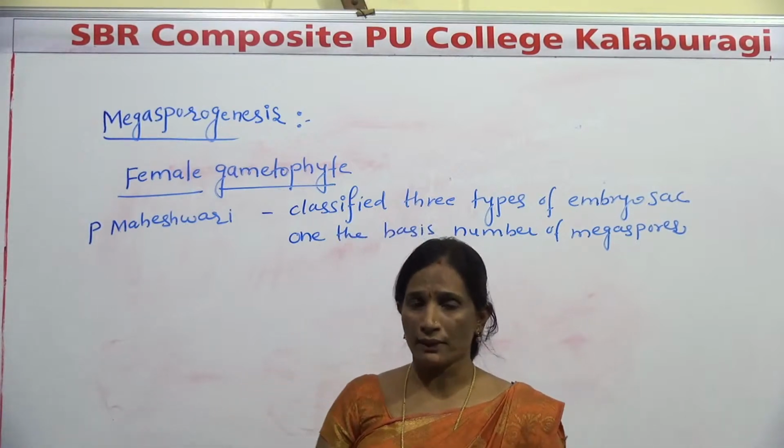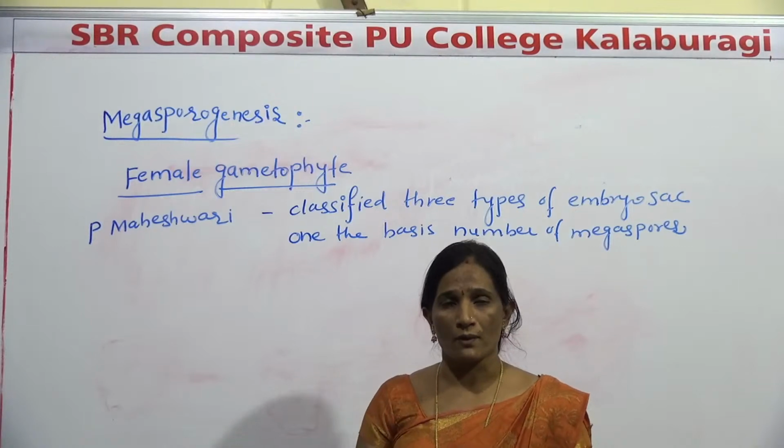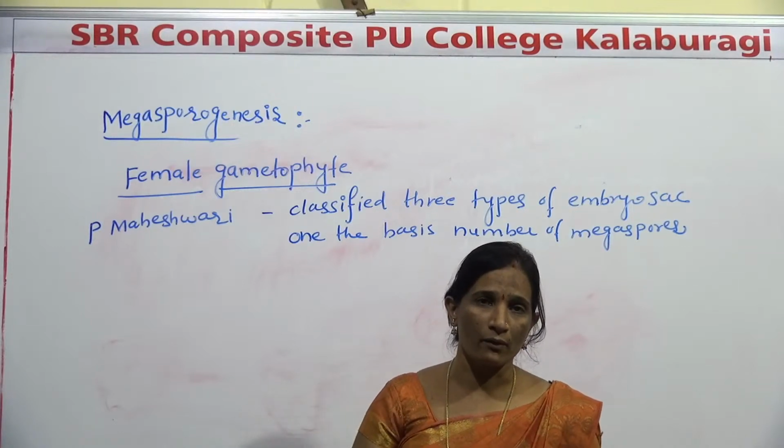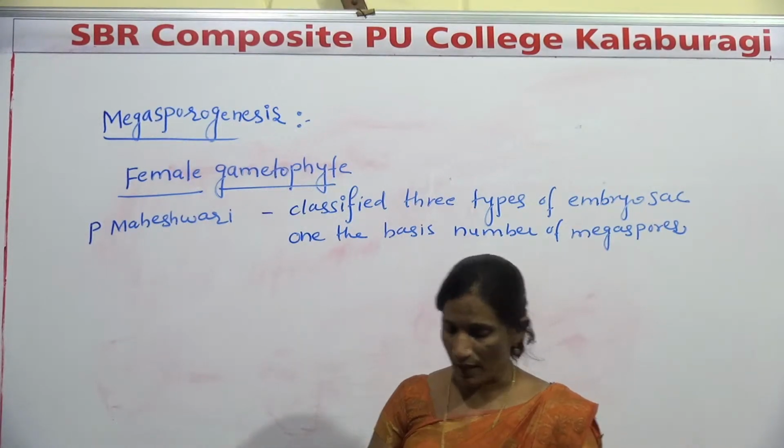Scientist P. Maheshwari classified embryo sac into 3 types on the basis of the number of megaspores that take part in the development of the embryo sac. What are those 3 different types of the embryo sac?